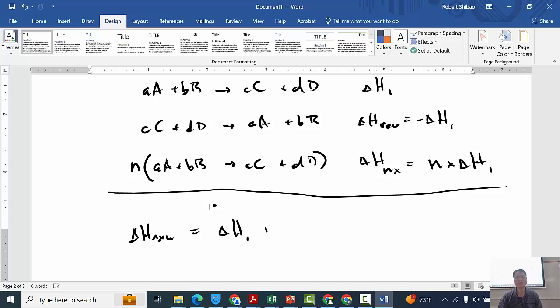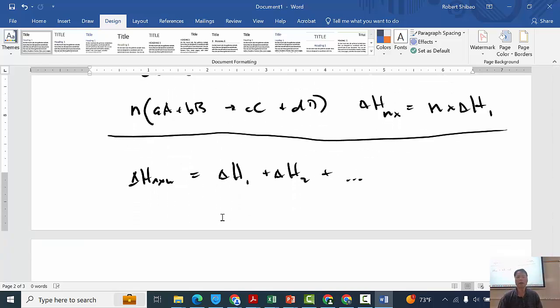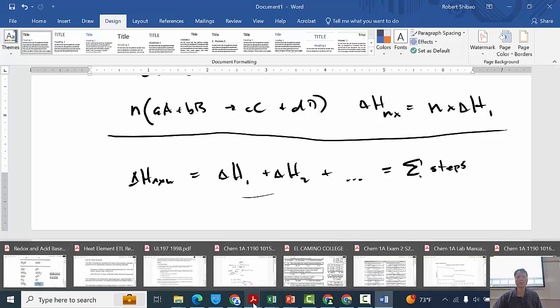So if I had delta H of 1 plus some other reaction, delta H of 2 plus etc., then I can just say that if I can sum up the steps to make it equal the same reaction, then I can predict it that way. So I look for equations that will add up. And so in our particular experiment, that's what we're going to do. We're going to look up the sum of the steps.